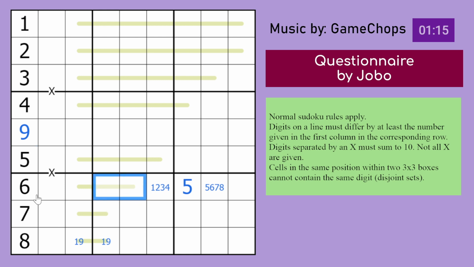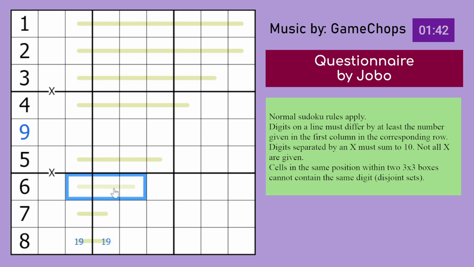So 2 digits here cannot differ by at least 6 if you choose the same polarity, and therefore must be from different polarities. They also cannot include 5, because if you place a 5 here, these digits can never be 5 away from it, and same for all of these cells. So you can basically say that none of these are 5s. That's probably useful somehow.